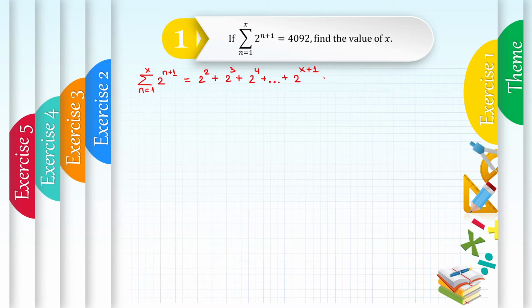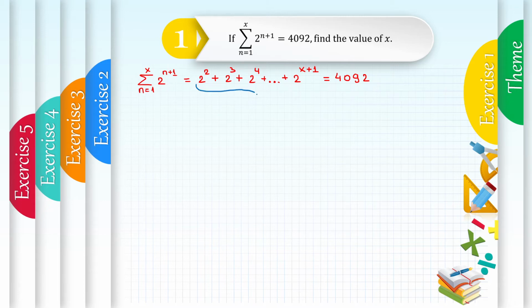And from our condition we have that this sum is equal to 4092. If we analyze attentively the left hand side of our equation, we can see that in fact we had the sum of the geometric sequence.